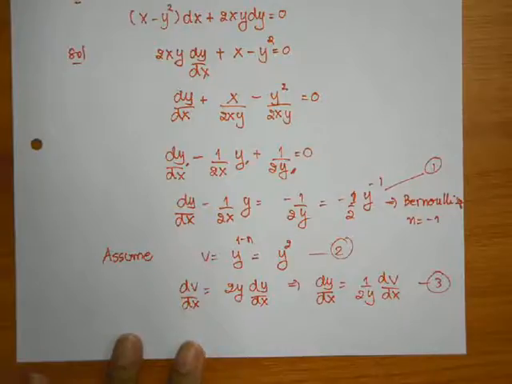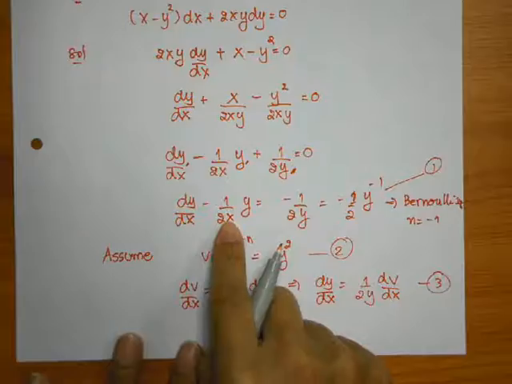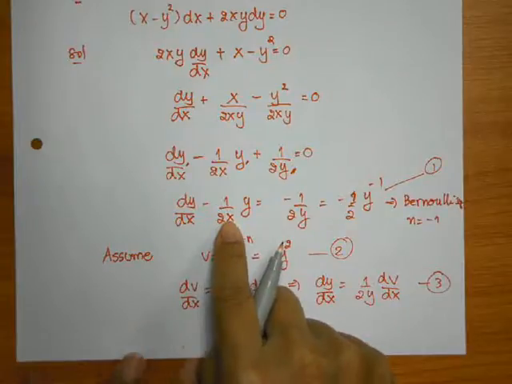After you assume v is equal to y to the power 1 minus n, you differentiate to get dv by dx. After that, you rearrange this to write dy by dx as a function of dv by dx. And then you plug that back into your differential equation, which is equation 1.